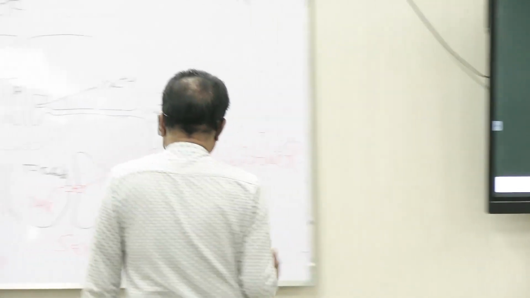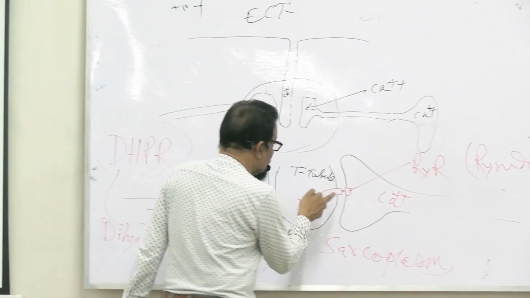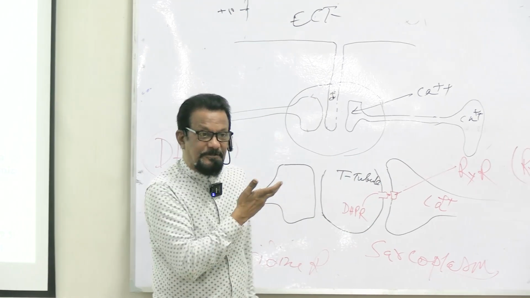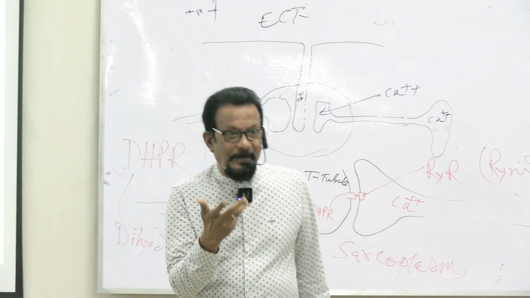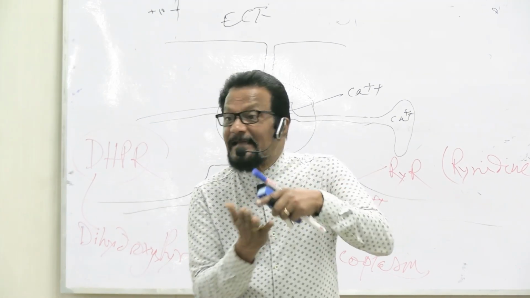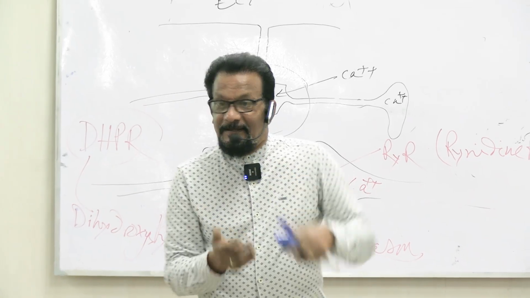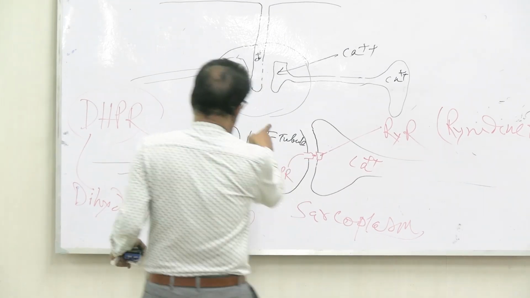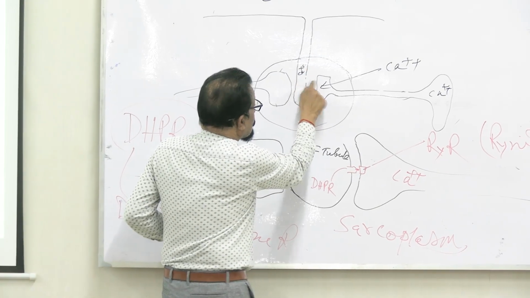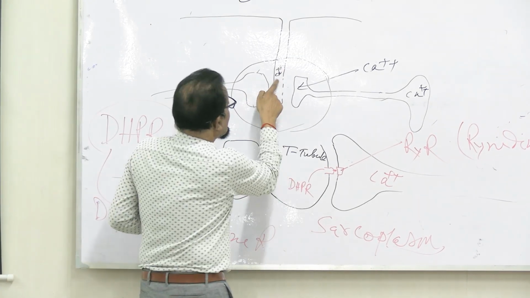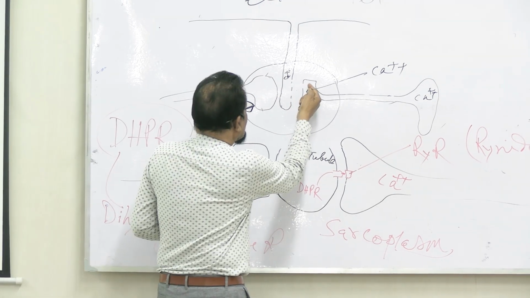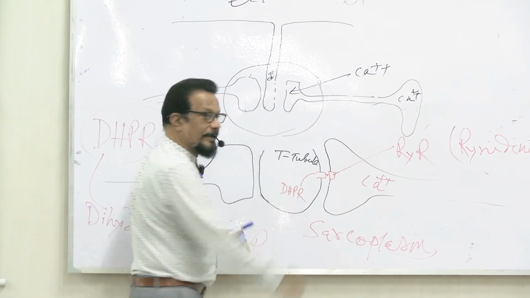Because of this structural change, this receptor will be displaced from here, or it will open a channel. And this is calcium channel. Because of arrival of action potential here, these channels are opened. Now what will happen? A lot of calcium ion will be entering.